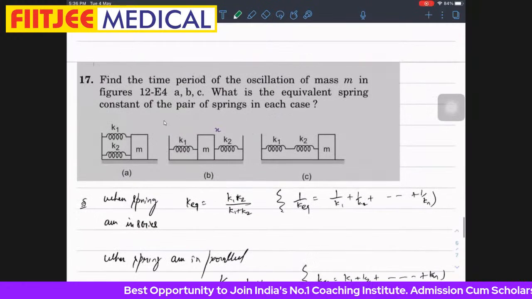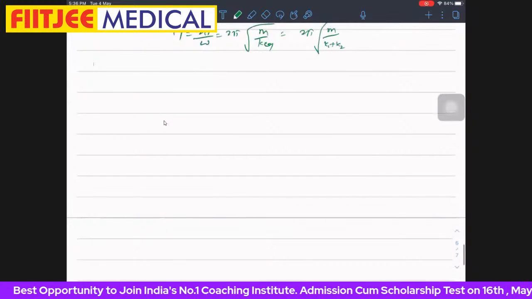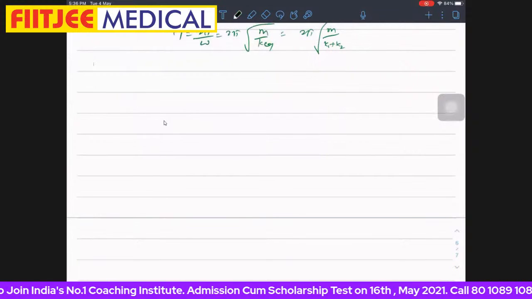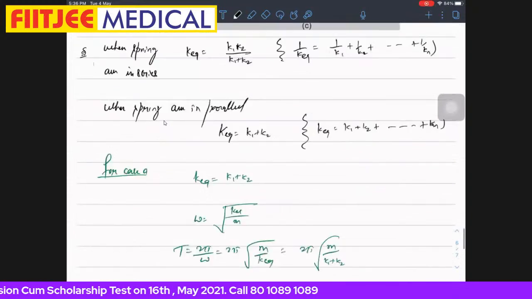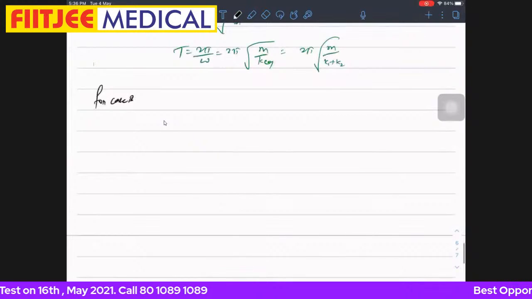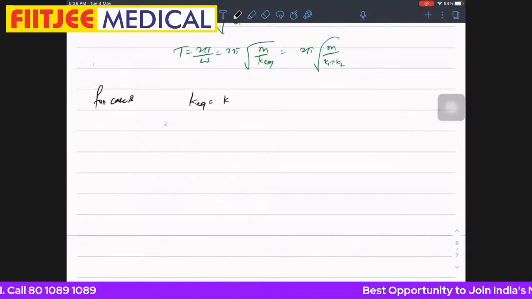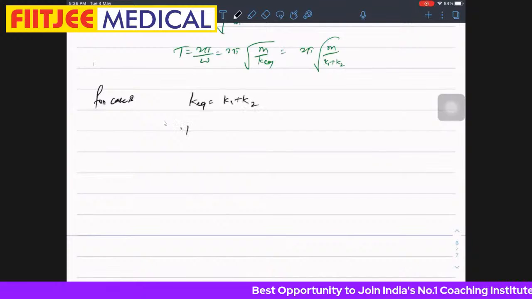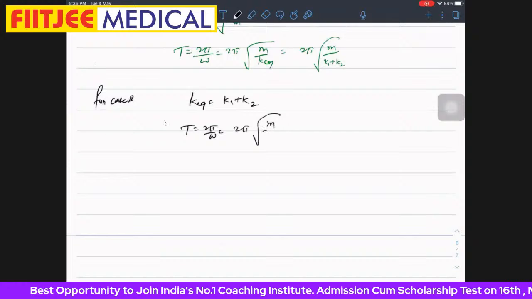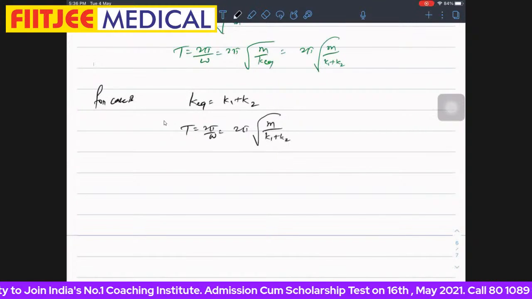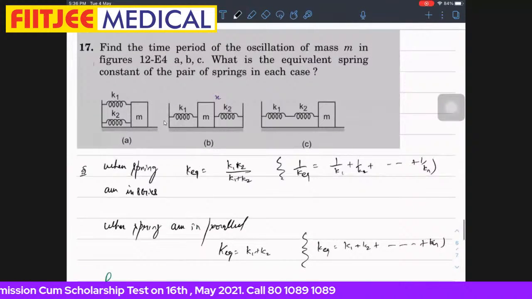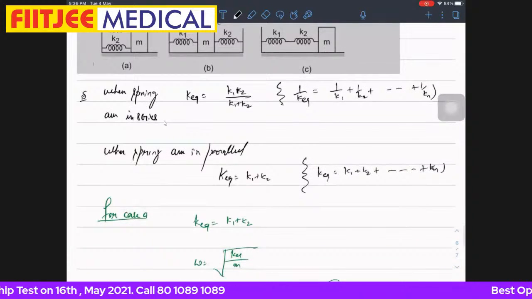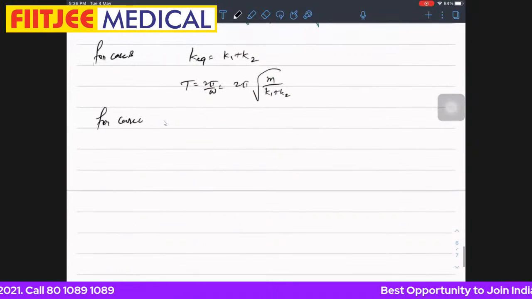In case B, I can write K equivalent will become K1 plus K2 because both are in parallel. So the time period will become 2 pi by omega, so 2 pi into root under m by K1 plus K2. For case C, they are in series now.